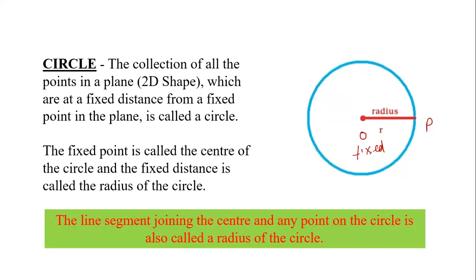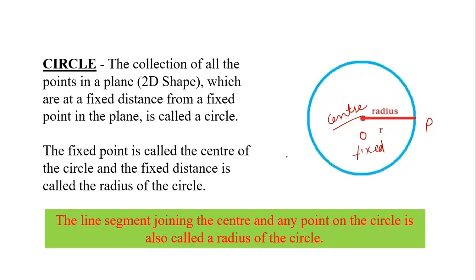So the shape thus formed will be called a circular shape, and the constant distance will be the radius of the circle, and the fixed point will be called the center of the circle.